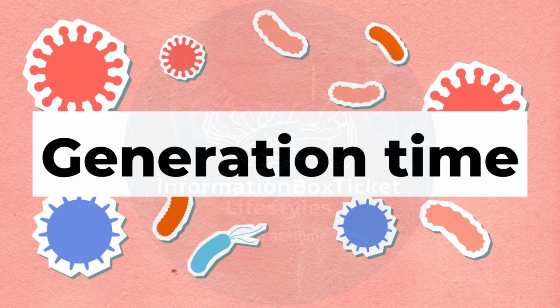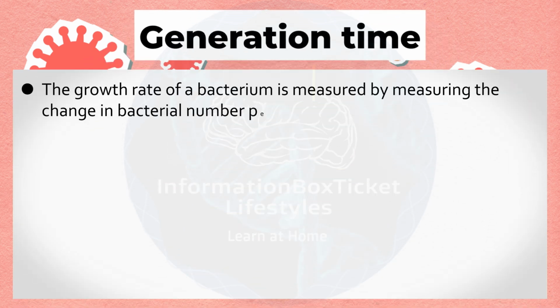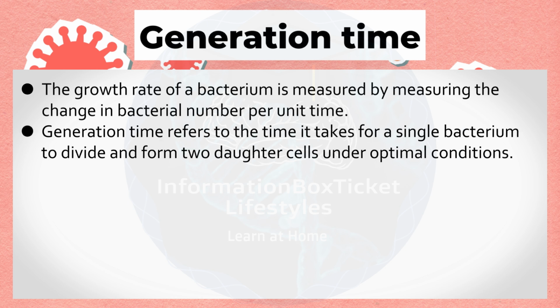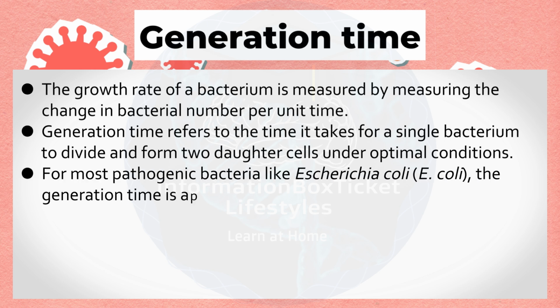Generation time. The growth rate of a bacterium is measured by measuring the change in bacterial number per unit time. Generation time refers to the time it takes for a single bacterium to divide and form two daughter cells under optimal conditions. For most pathogenic bacteria like Escherichia coli, E. coli, the generation time is approximately 20 minutes.